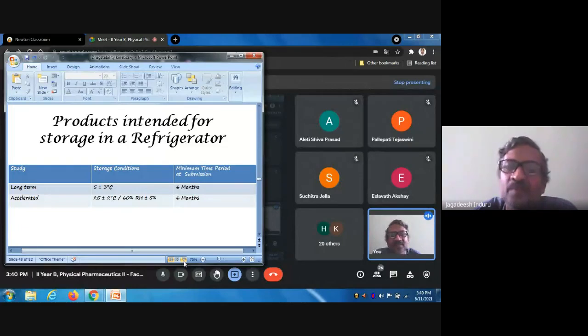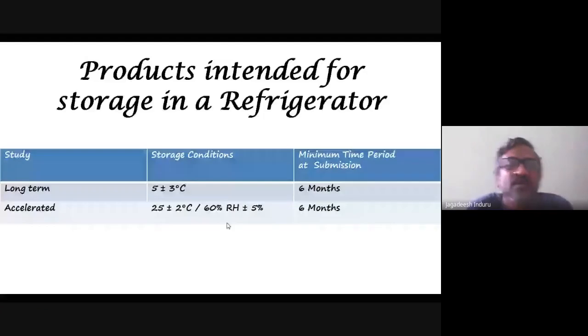Long term is 5 plus or minus 3, meaning it varies in the range of 2 to 8 for 6 months, and the accelerated condition is under controlled conditions of 23 to 27 degrees centigrade, 60% RH.